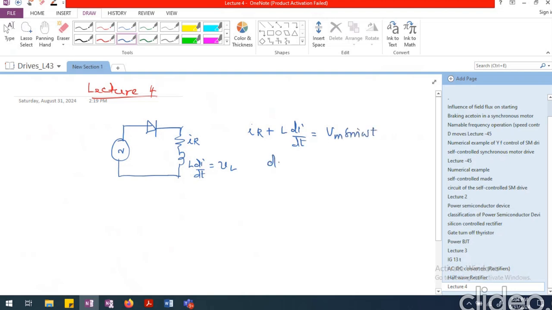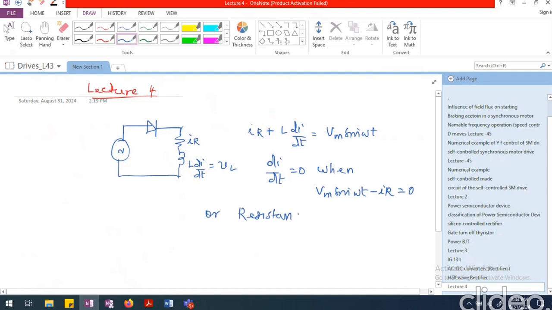We said that di by dt will be equal to 0 when Vm sin omega t minus IR equals 0, or the resistance drop is equal to the source voltage. When these two are equal to each other, you are going to have the current peaking. That is, di by dt equal to 0 means at this point, current will be maximum.